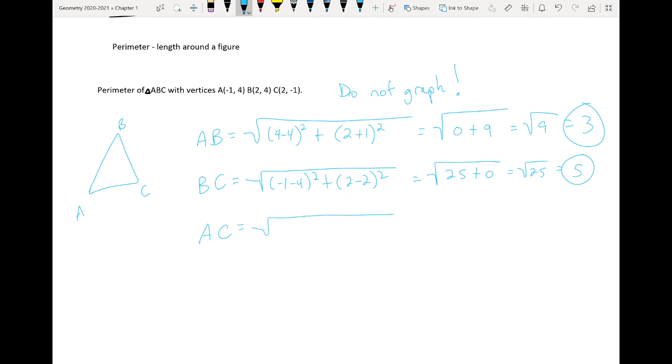And this one, we're not going to get as clean of an answer. But remember what you learned, you're going to leave your answer as a radical. Even if the textbook shows a decimal, the textbook is wrong. I want you guys to leave your answers as radicals right now. So I have AC, I have -1 minus 4 squared plus 2 minus -1 squared.